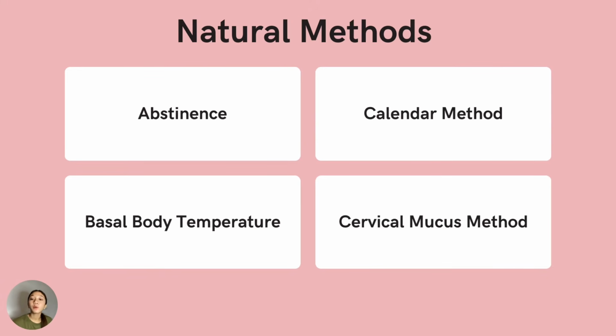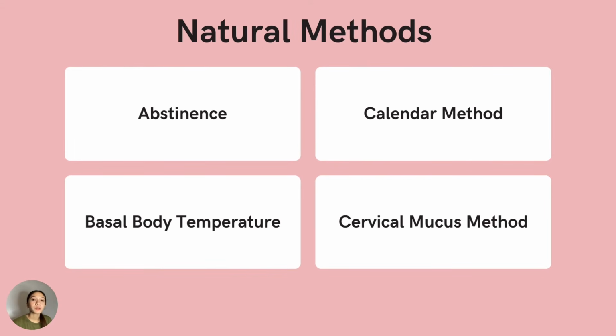So, minomonitor nyo yung temperature ng babae every morning. This indicates a period of high fertility, so you should abstain from intercourse during this time if you're avoiding pregnancy. This period lasts from the temperature drop until 48 to 72 hours after it returns to normal.